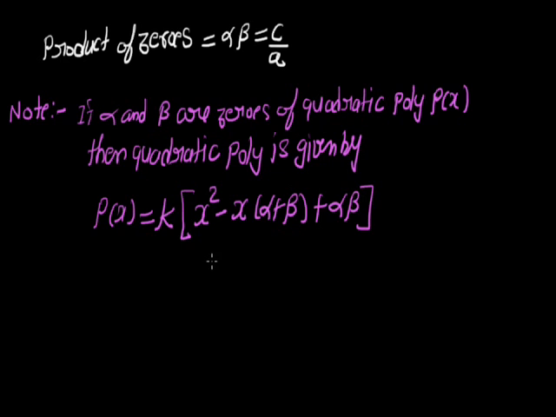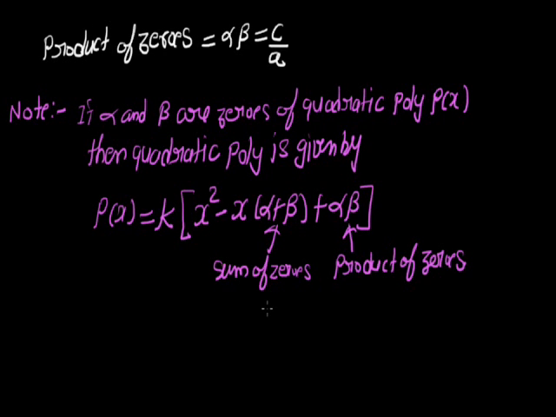Here alpha plus beta denotes the sum of zeros, and alpha into beta is the product of the zeros.